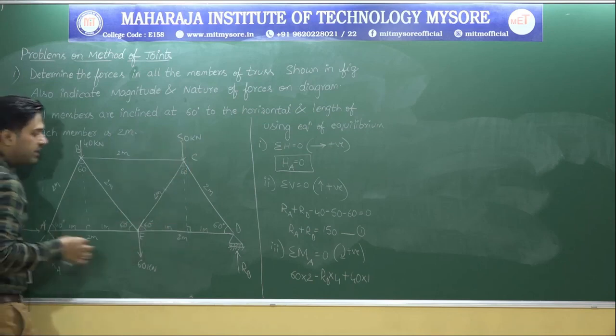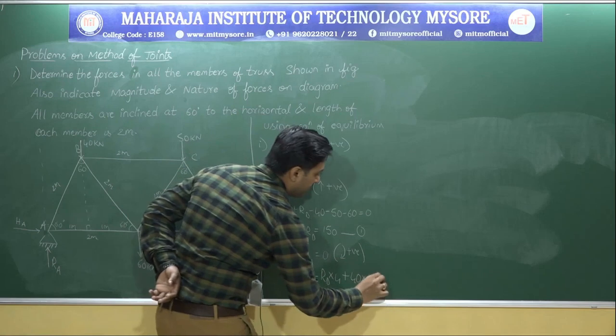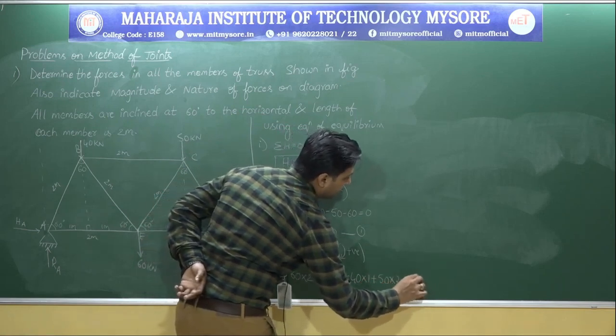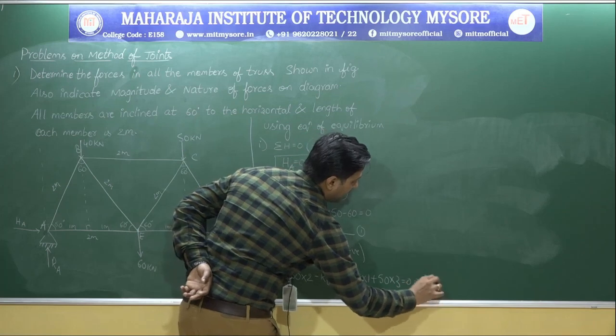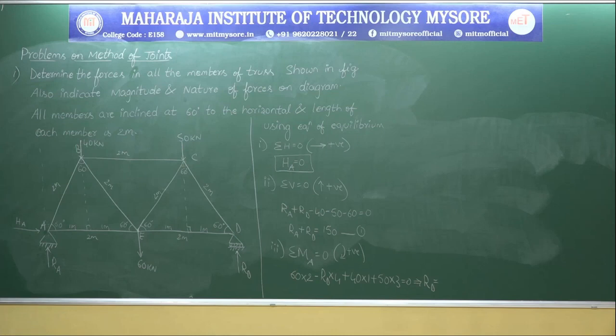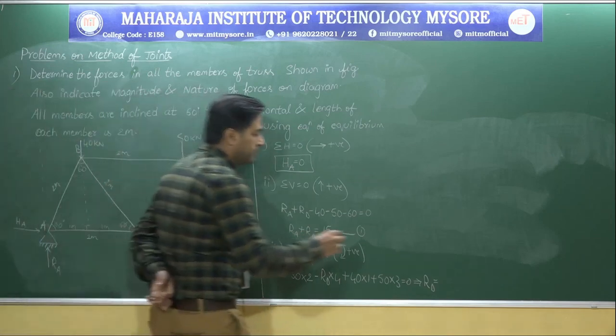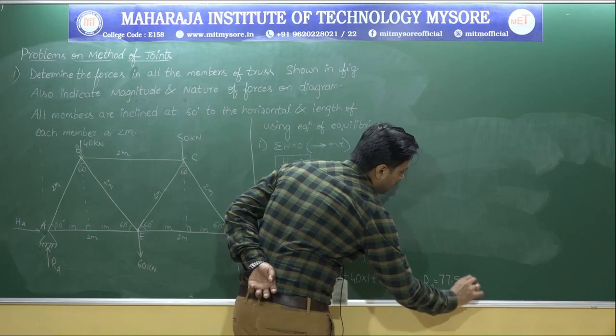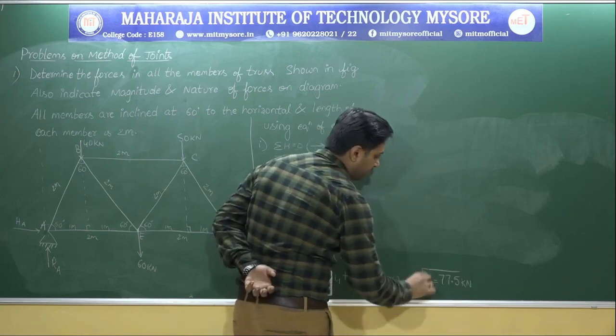So plus 50 into 3, which is equal to 0. Finally, if I solve this, I will get the value of RD. After solving it in the calculator, the value we are getting for RD is 77.5 kilonewton. Okay, I got the value.